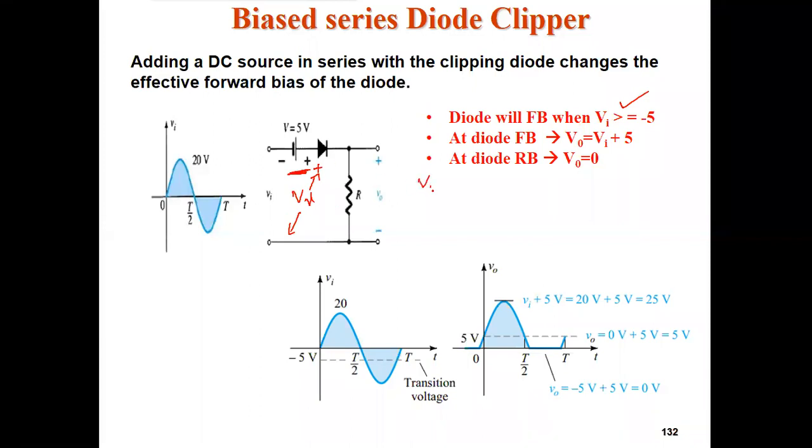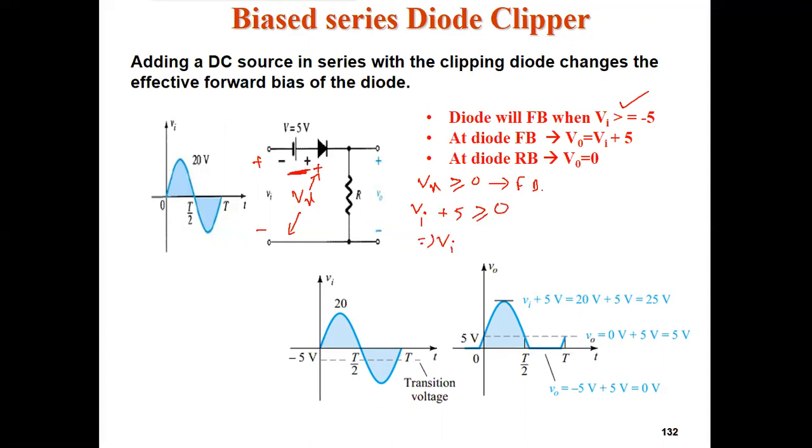Vx must be greater than or equal to 0 for the diode to be forward biased. And what will Vx be? Just looking at the bias, you can see the top is plus and the bottom is minus, so Vi plus 5 must be greater than or equal to 0.